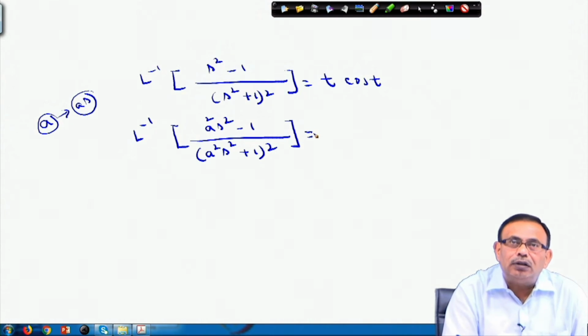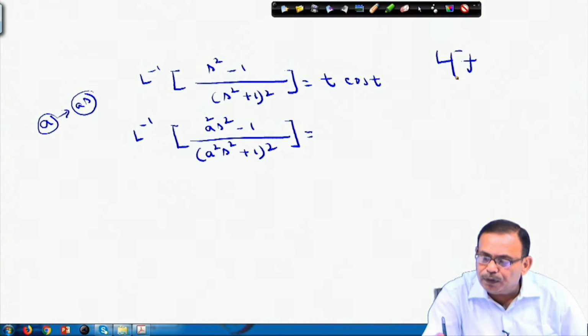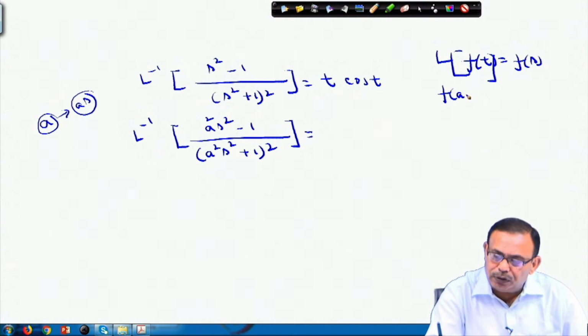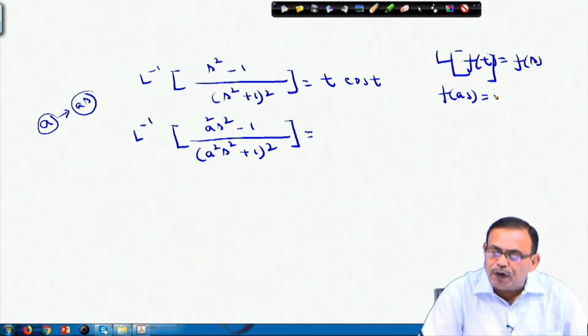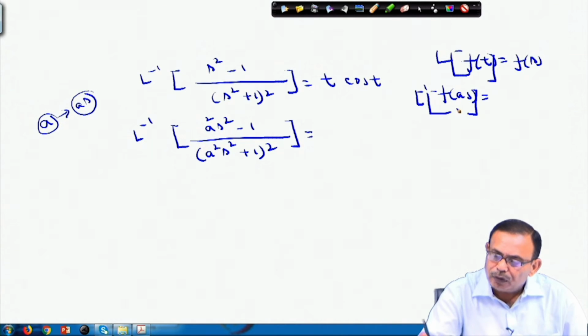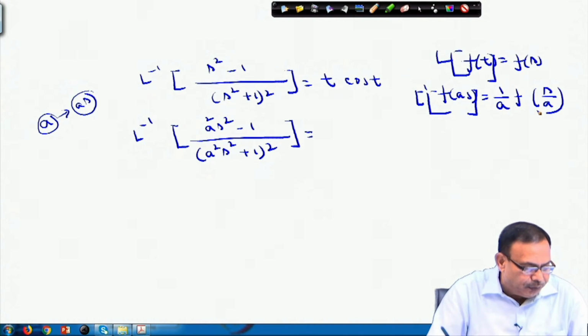Again, if you recall, if I know the Laplace transform of f t is f s, then Laplace inverse of f of a s will be equal to 1 by a f of t by a.